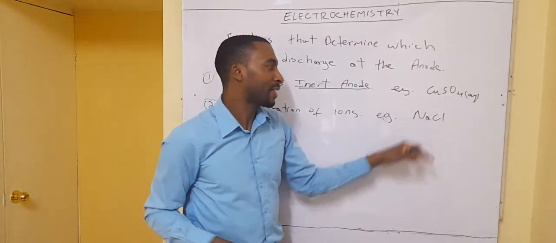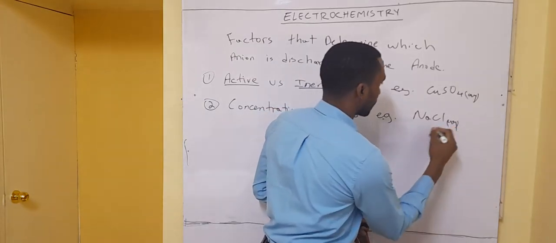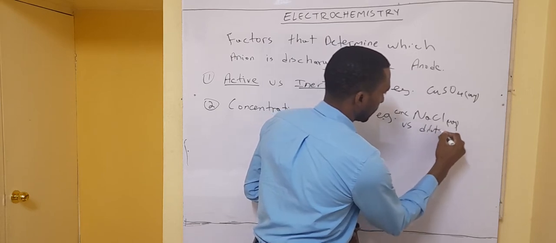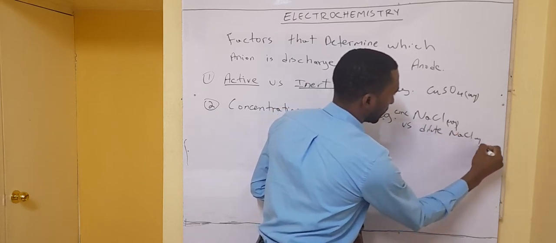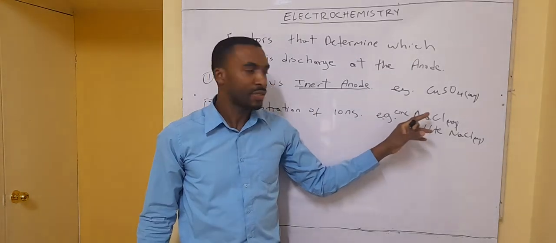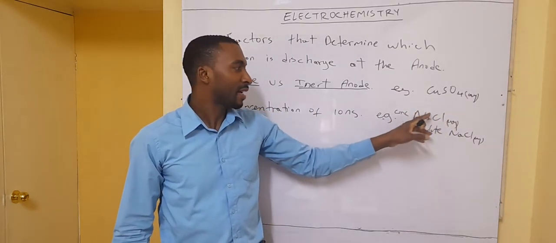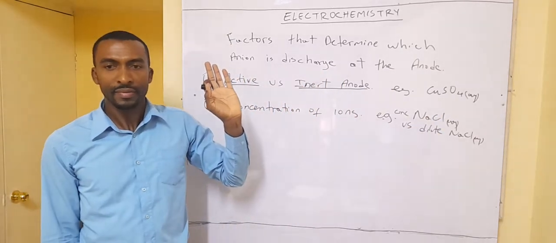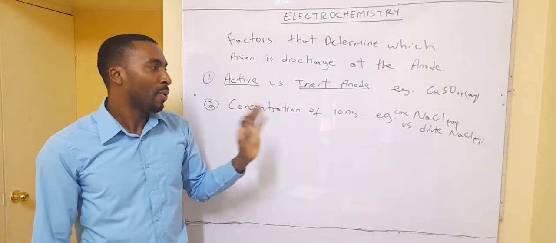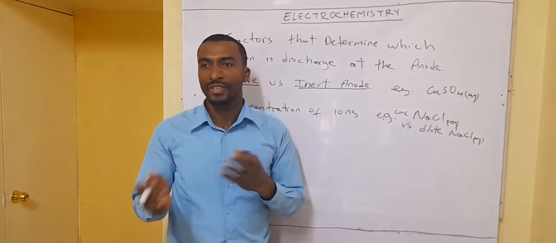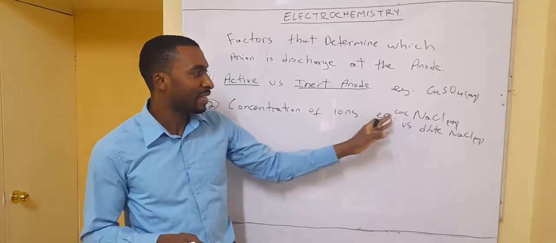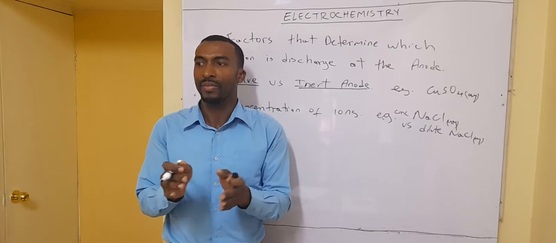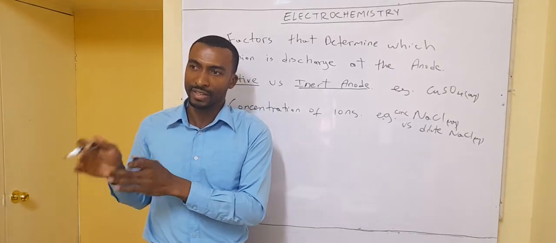If we have a concentrated solution of sodium chloride, then it's the chloride ions that are going to go towards the anode. However, if we have a dilute solution, it's going to be hydroxide ions. Because remember that in a solution of sodium chloride, they have sodium cation, hydrogen ion, but they also have sulfate anion and hydroxide anion.